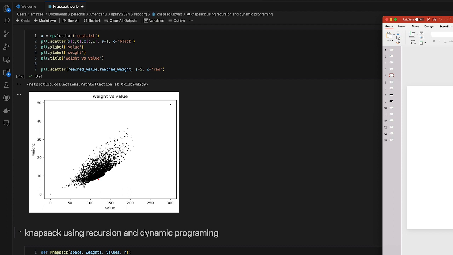But if you look at the weight objective, this one has less weight. So from a weight perspective, this point is better, but from the value perspective, this point is better. So you see, it depends on what we want to look at.